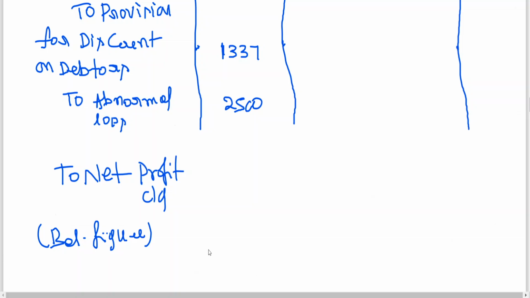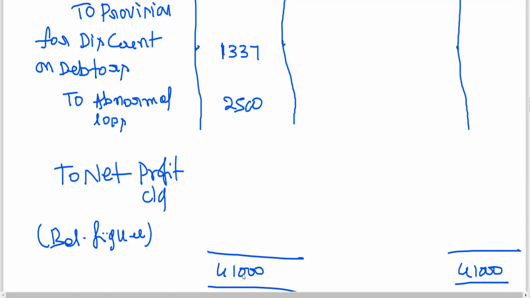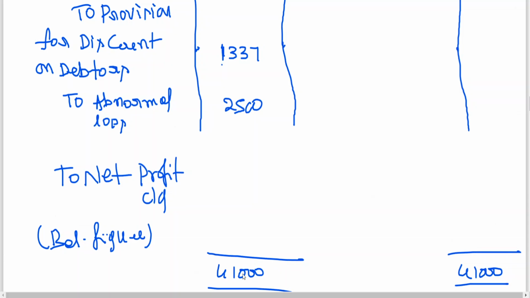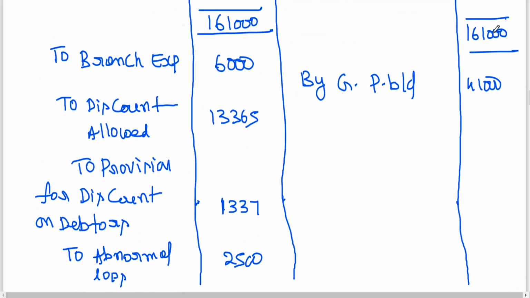And this net profit will be transferred to the general P&L account. On the credit side, the total is only one item, 41,000. It is gross profit only. 41,000 minus 2,500 minus 1,337 minus 13,365 minus 6,000.